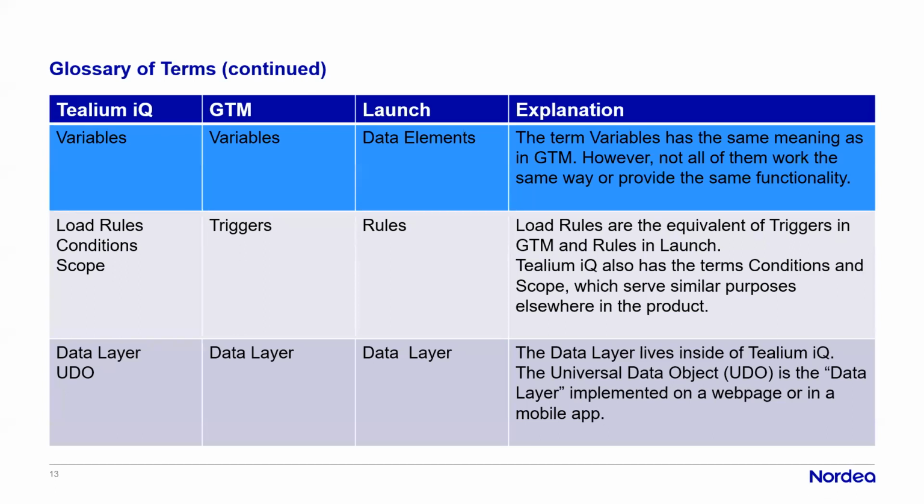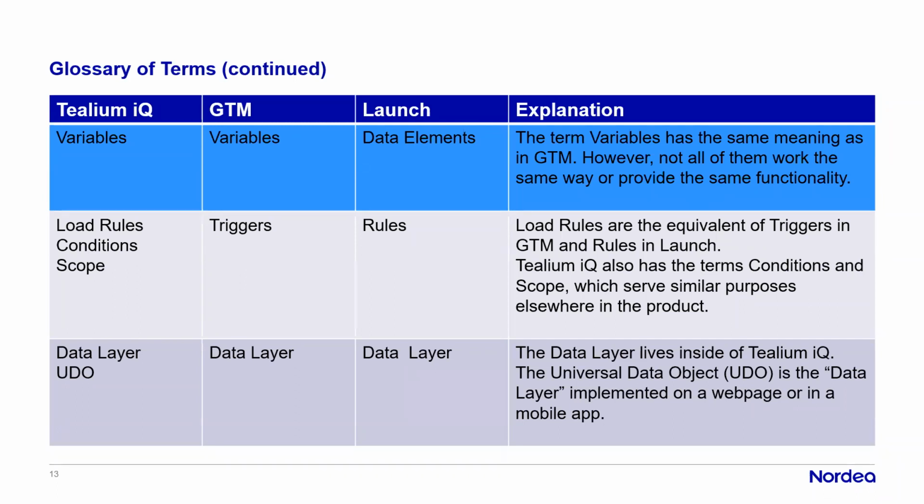So load rules, that is the rules that trigger, for instance, Google Analytics to register a page view. That's the same as triggers in Google Tag Manager and rules in Launch. But inside of Tealium IQ, we also have something called conditions, and something called scope.